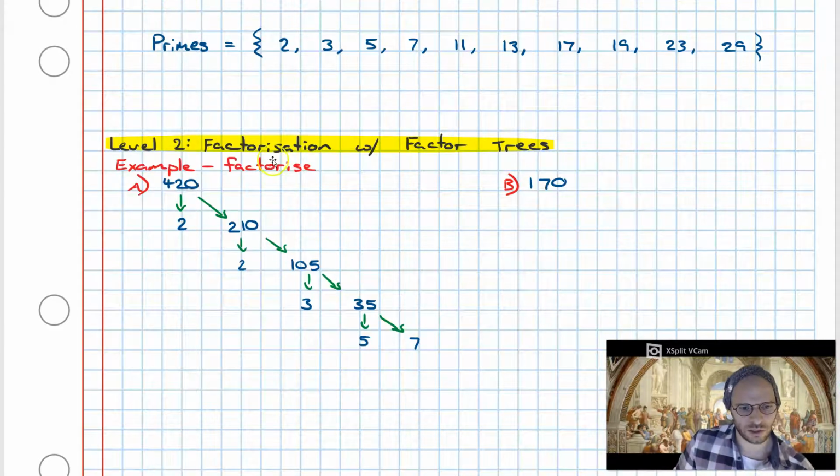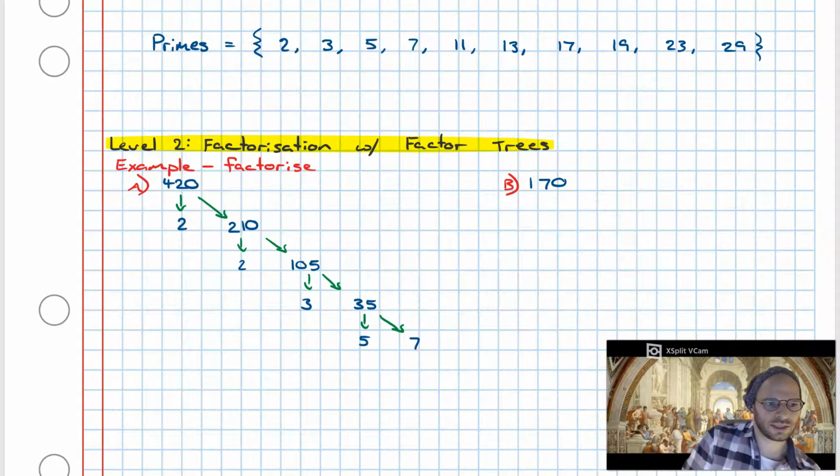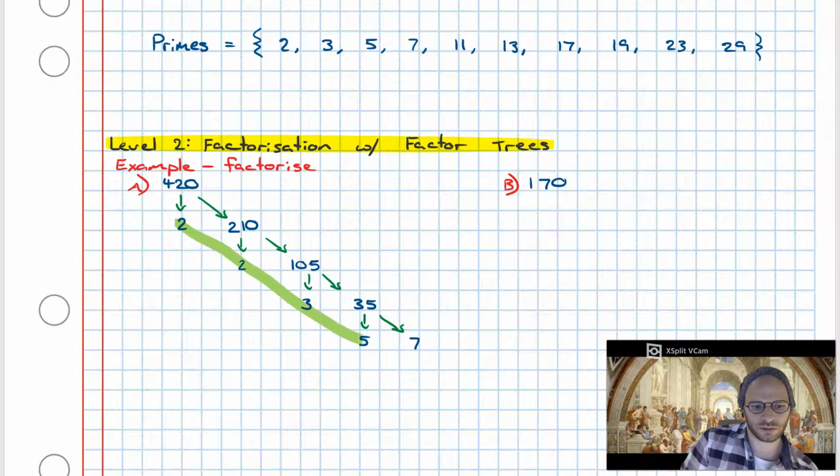What you're going to notice is that this final number we've ended up with here, 7, is in the prime list if we look at our primes over here. So using this little algorithm in this diagram, we've been able to deduce all of our prime factors. Now cleaning this up, if we scan across the bottom of the tree, what we've got are all of the prime factors of 420.